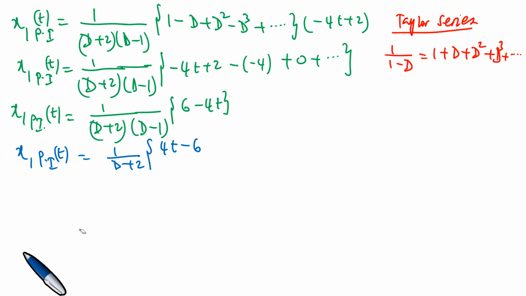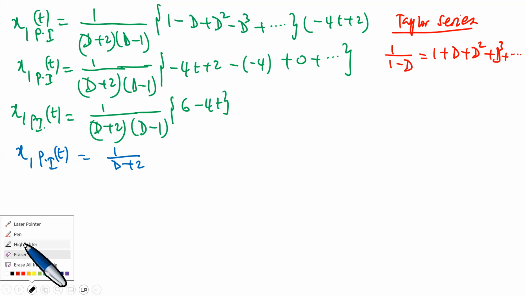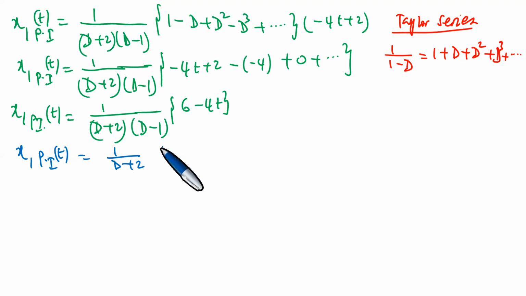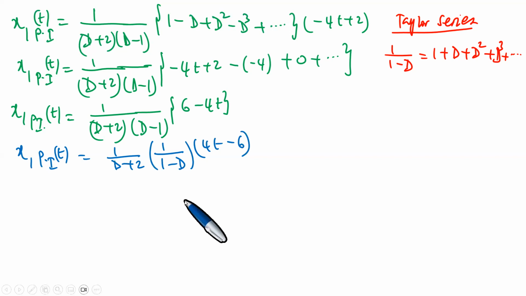Let me write like this first. All right, so it's going to make that one 1 divided by 1 minus d, 4t minus 6. Okay.